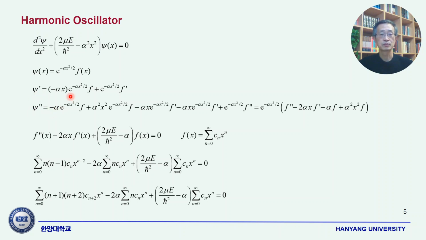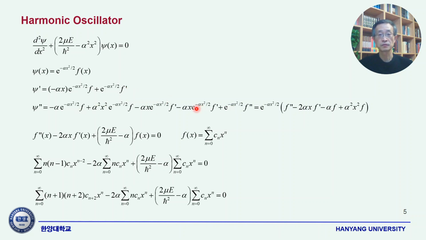For the second derivative, firstly we have three terms. Take the derivative of this and leave the second alone, take the derivative of that and leave the first alone, and then finally f double prime. So that is the first, second, third term. Then we do the same for this one: take the derivative of this, leave that alone, then leave this alone and take the derivative of that.